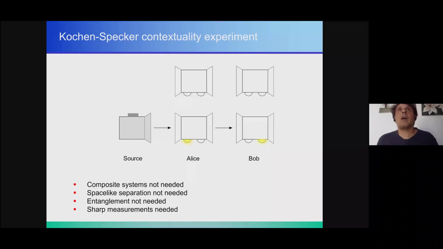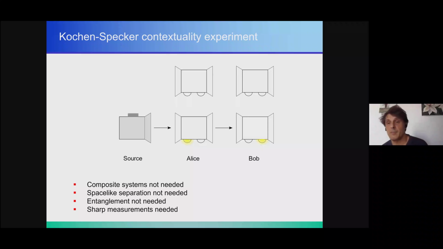Then we have the contextuality experiment, in which we have a source and a first party which has several measurement devices as before, and a second party that acts afterwards, time-like separated from the first one in general, who also has several devices. And here, composite systems are not needed. Space-like separation is not needed.